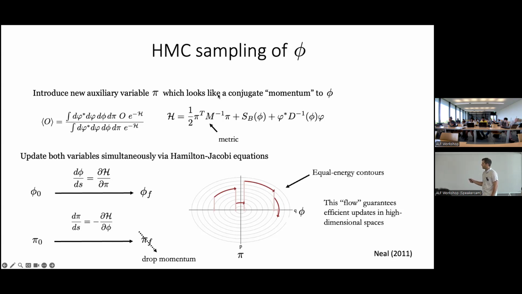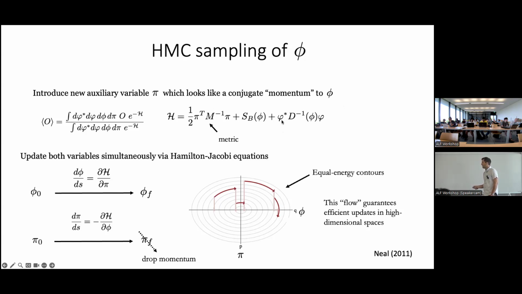It's just some reverse Gaussian integration with this matrix in the middle called M, which we're going to call the metric. Sometimes it's called the mass matrix. We're always free to add such an auxiliary field. But now pi here looks very much like a conjugate momentum to phi, in that it looks like a kinetic energy, and the rest of the integral looks like a potential energy.